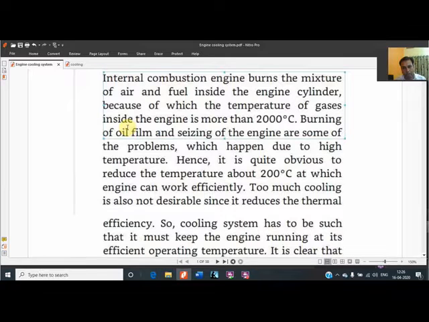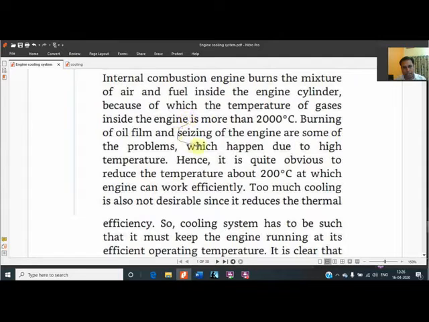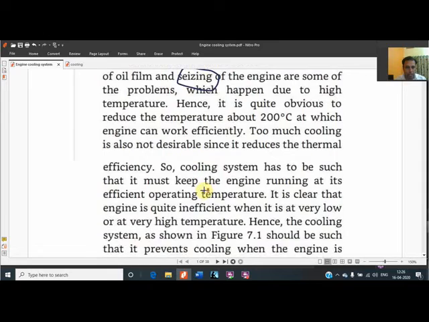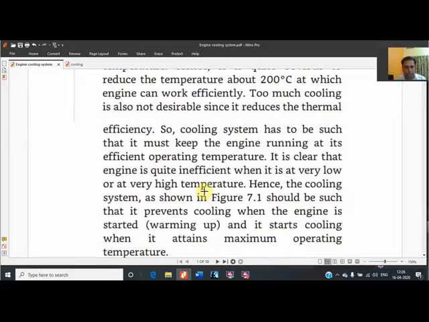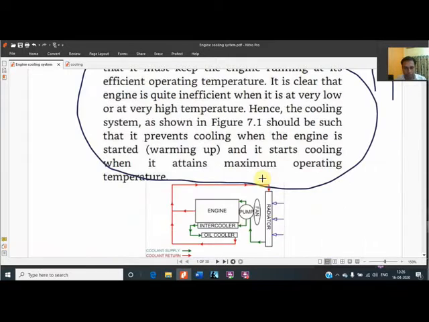So for preventing the engine from getting seized, cooling is done. And for efficient working of the engine, a sufficient quantity of cooling is required. We can't go for extreme cooling, because it will reduce the thermal efficiency of the system. The thermal efficiency will get reduced if we go for excessive cooling.